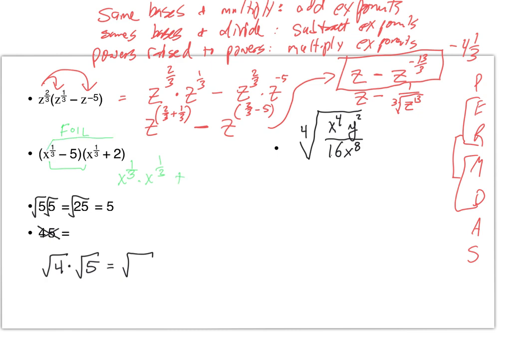Outsides, for O, 2 times x to the 1/3. Insides, right here, will be minus 5x to the 1/3. And then the lasts: negative 5 times 2, negative 10.